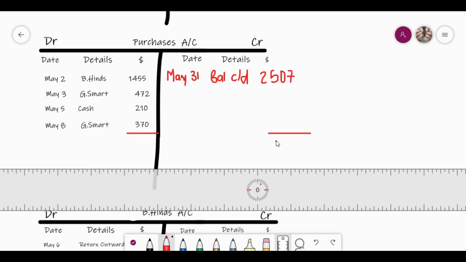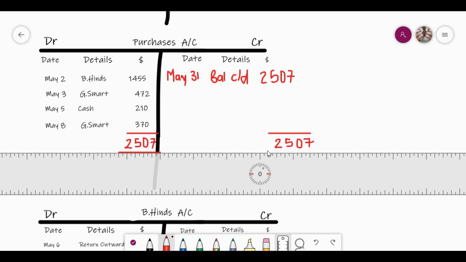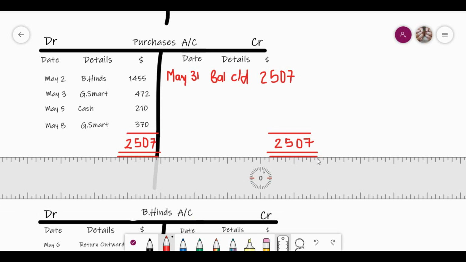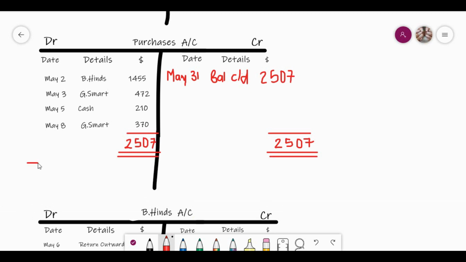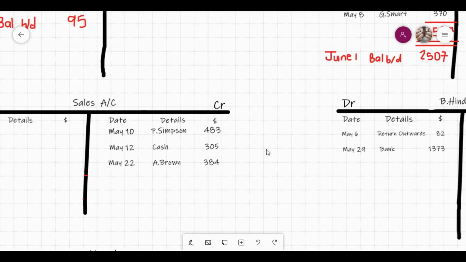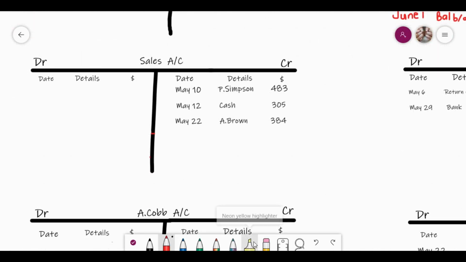Drawing our bar line, writing back the total figure and then double lining it. We're going to be doing the same thing once more for the sales account.